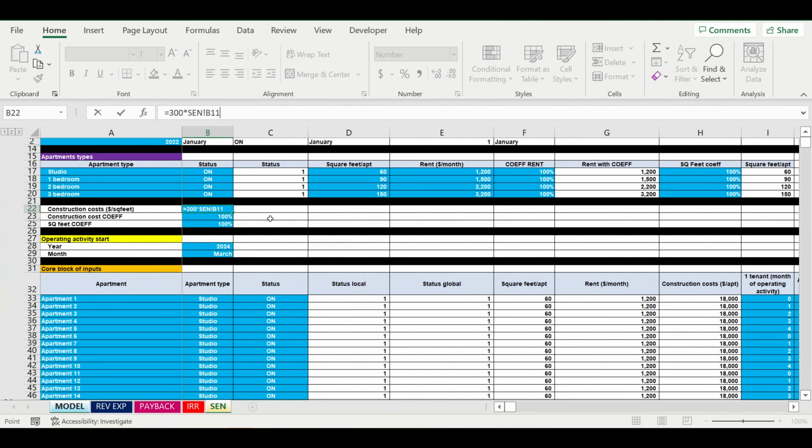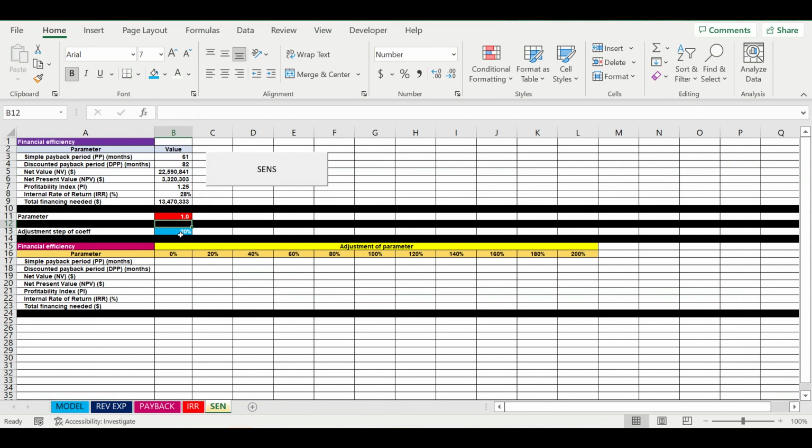So now we've added a coefficient to all construction costs, and now we go back. We want the step of changing the parameter to be 20%. We could adjust it to 10, which would be a 10% step, but for example we just take a 20% step. Then we press the sense button and see what will happen.